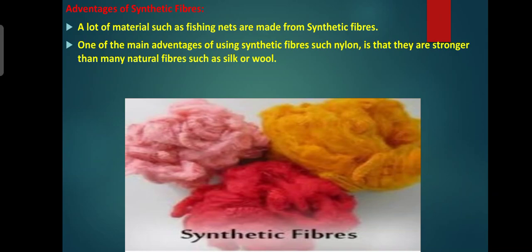A lot of materials such as fishing nets are made from synthetic fiber. One of the main advantages of using synthetic fiber such as nylon is that they are stronger than many natural fibers such as silk or wool. For example, the trampoline is made of woven synthetic fiber. These fibers are strong and elastic, which gives it the property to bounce.